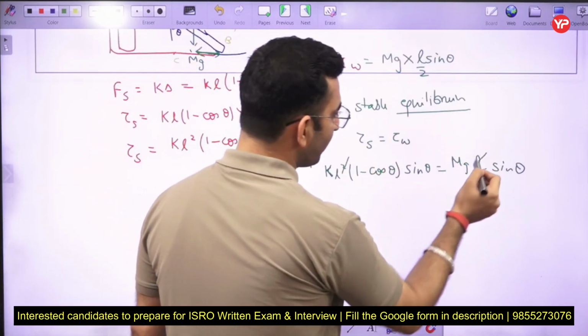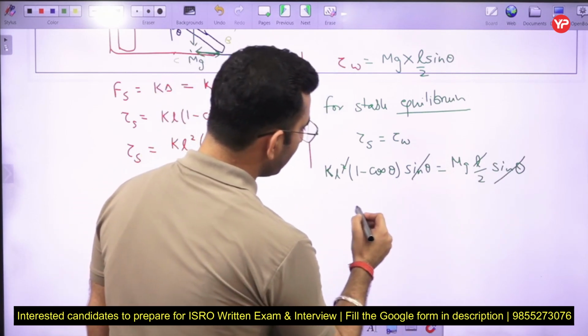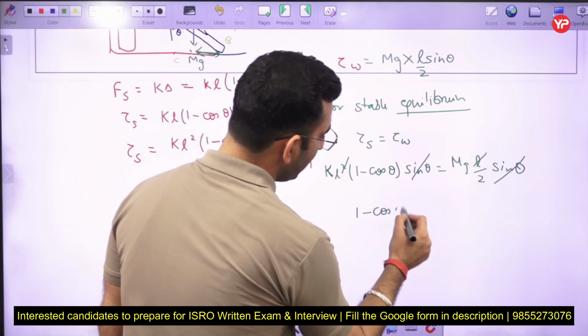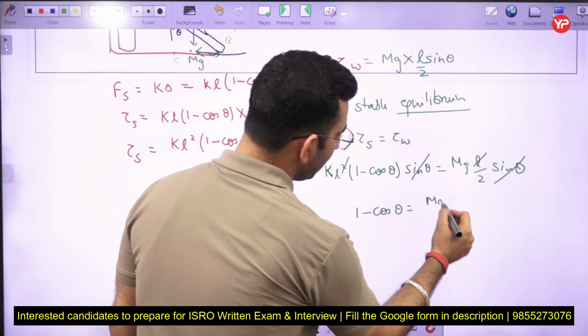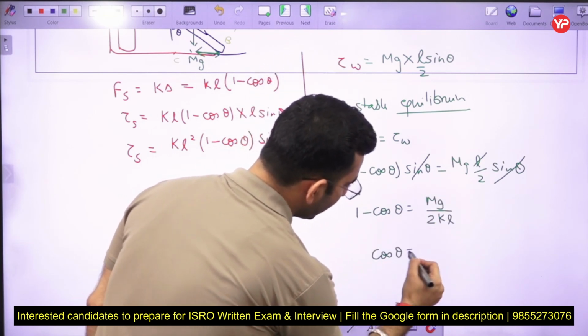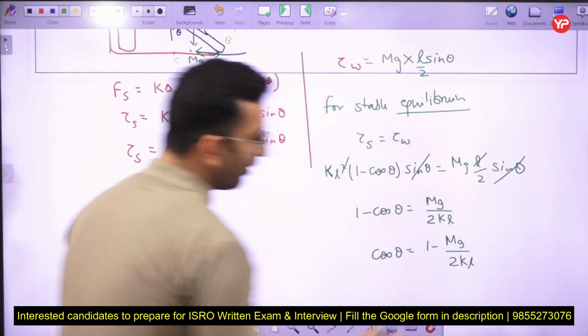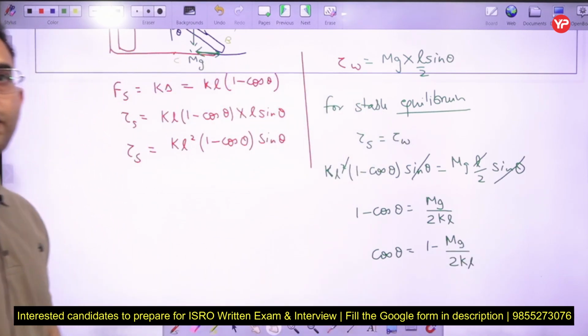Here you can see L will cancel out, sin theta will cancel out. So I can write 1 minus cos theta is equal to mg upon 2kL, and cos theta will become equal to 1 minus mg upon 2kL. So that will be the required condition.